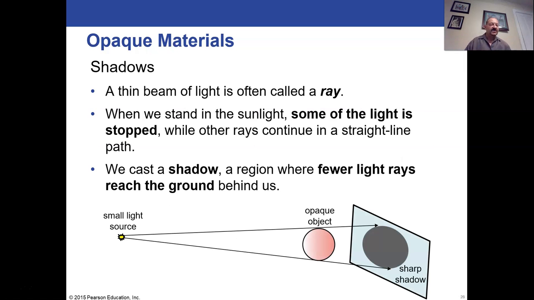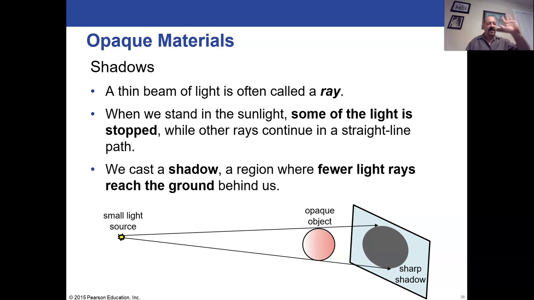All right, so let's talk about shadows. Now, everybody knows what a shadow is, but let's talk in a little detail about that. If you have a thin beam of light, we call those rays. You can think of it as a beam of waves of light or particles, photons of light. It doesn't really matter. We're just going to think of it as straight line pathways of light coming from some light source.